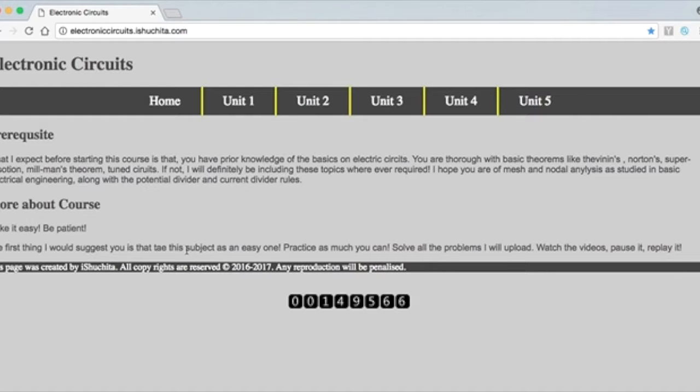And you should be thorough at least with mesh and nodal analysis, which you might have studied in basic electrical. And I hope you are aware of potential divider and current divider rules, because it is a very, very, very important concept. So let's start with unit 1.